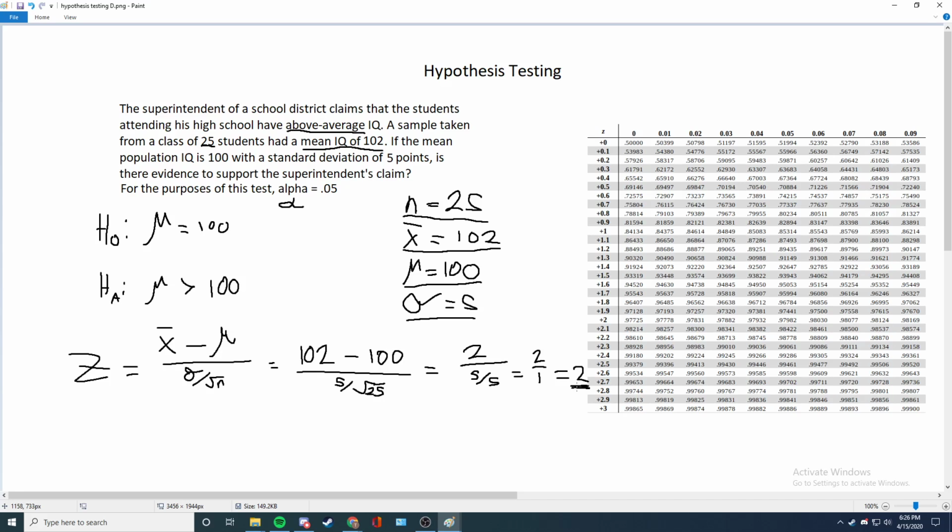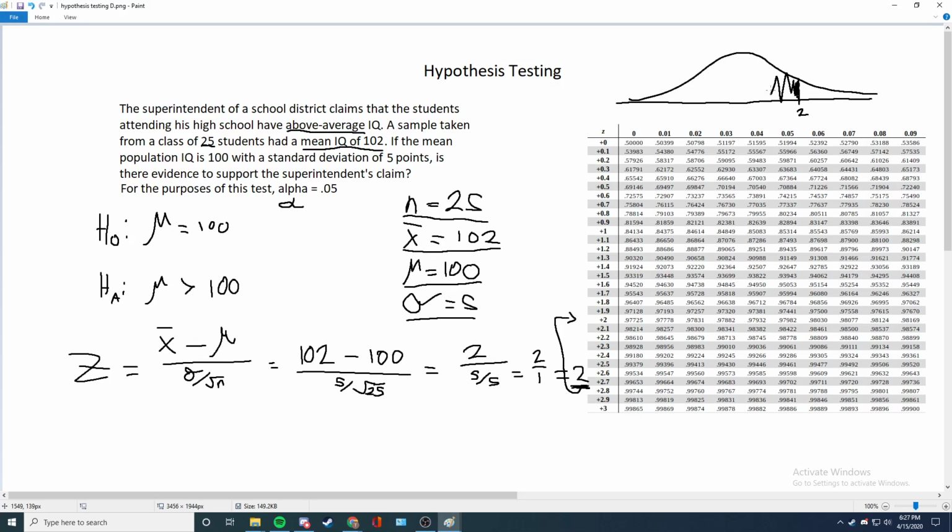And now this is where we can break into two different methods. The first method I'm going to show you is the p-value method. We'll take this z-score of 2 that we have, and we have to look at this table to figure out the area that's behind that line. Remember, we're looking at a normal curve here. Say that z of 2 is right here.